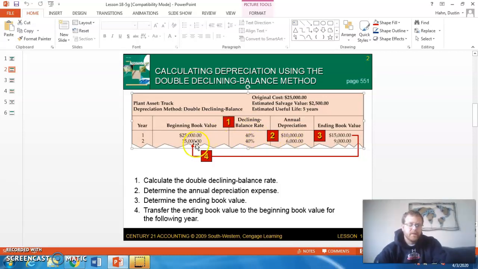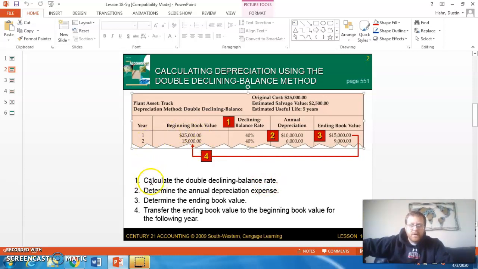So 40% of 15,000 is your 6,000. Then you take your 15,000 minus your 6,000. That equals your 9,000. Your declining balance rate will stay 40% until the very end, the last year, and I'll talk about that here shortly.